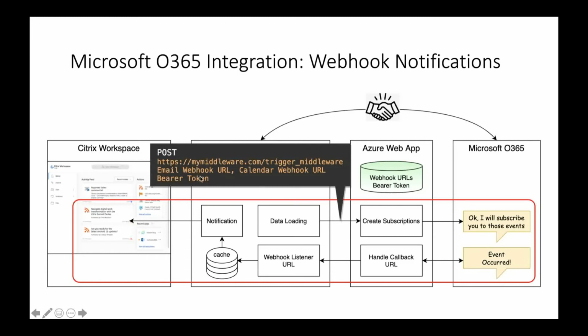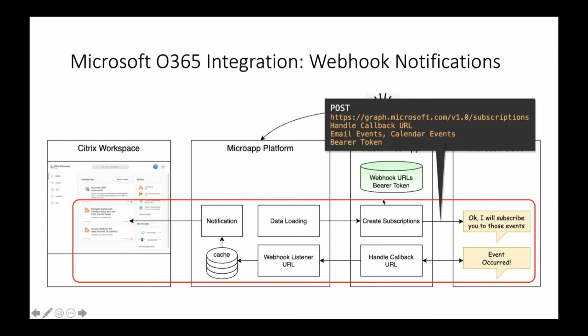And it needs to give the middleware permission, in a sense, to ask things of the SOR on its behalf by providing it with a bearer token, which it's obtained using OAuth 2.0. The middleware can then store these key pieces of information, the webhook URLs and the bearer token, in some kind of permanent storage, whatever makes sense for your implementation. This could be a database, on disk, whatever.